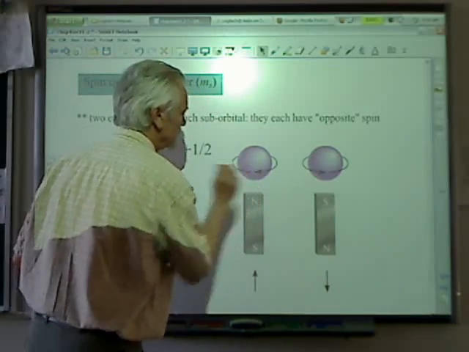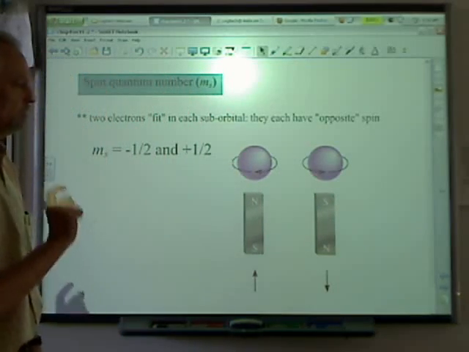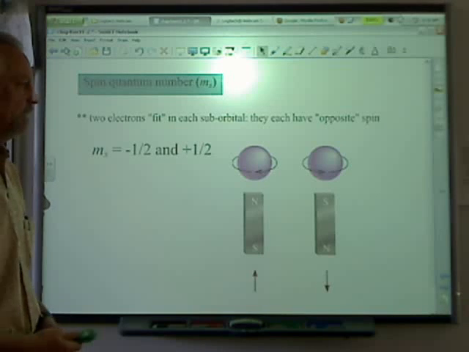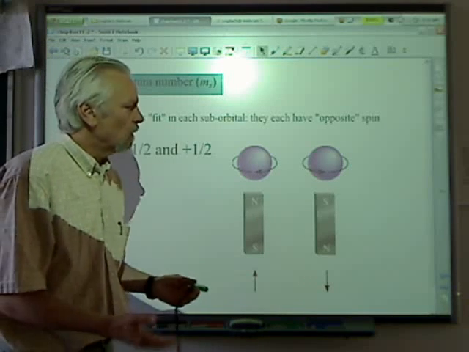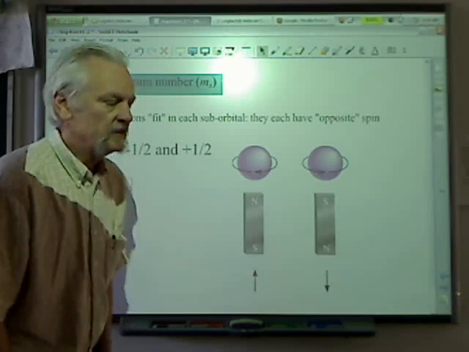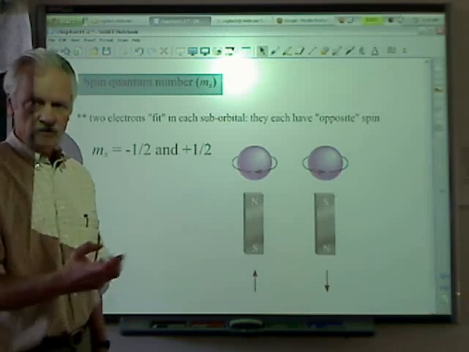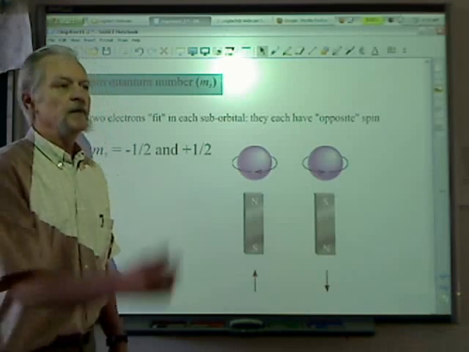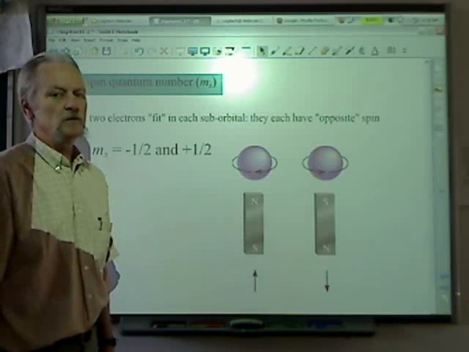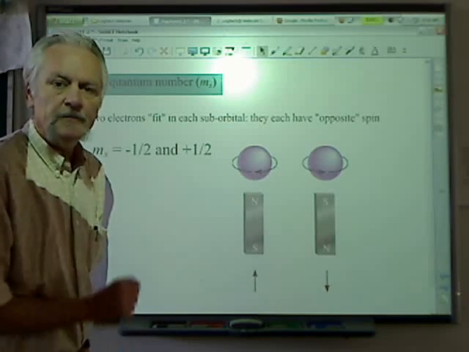Here, of course, the representation is of electrons as particles spinning in different directions, but we'll see that all that does is give us a way of addressing the 2 electrons, whatever they might be, that are occupying each one of those sublevels. We'll pick it up there in the next video.